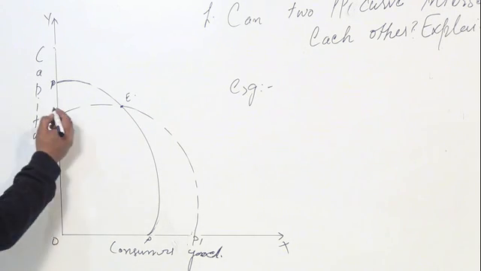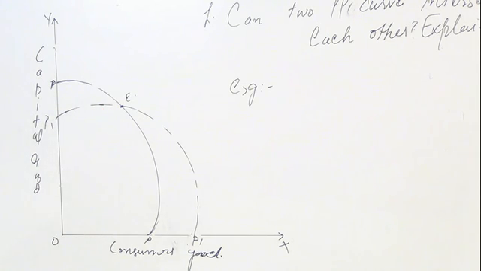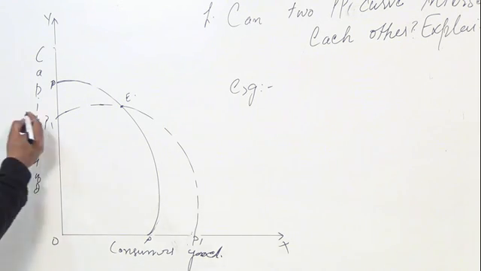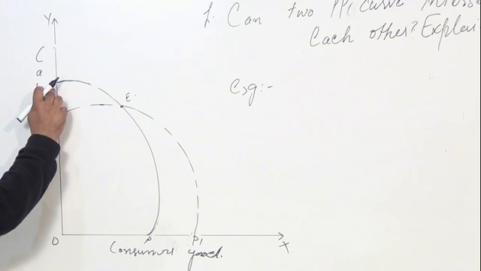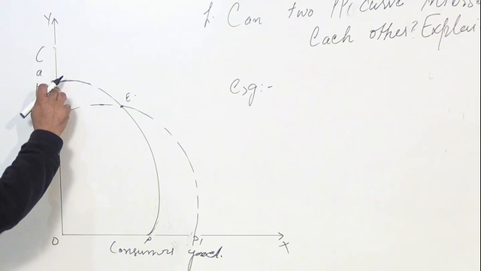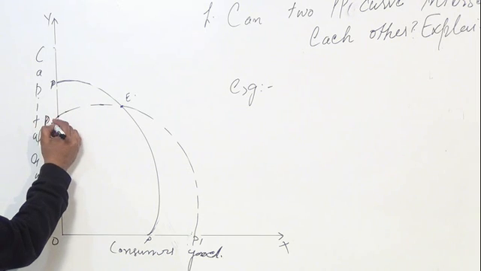Obsolete means out of date. The technology is becoming out of date, becoming traditional, becoming obsolete. Then with the same resources, we are able to produce less of capital goods. So the production possibility curve may shift from P to P1.